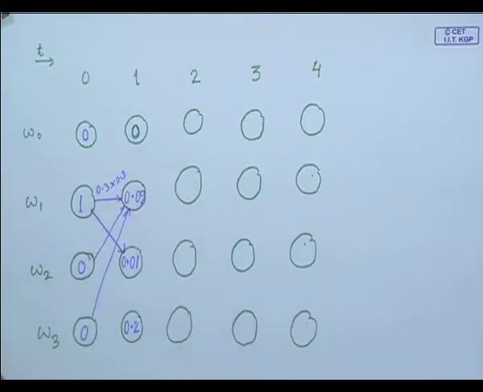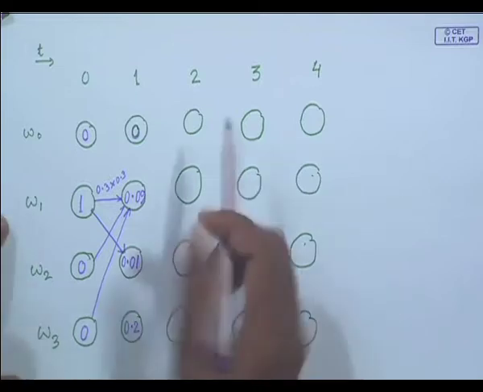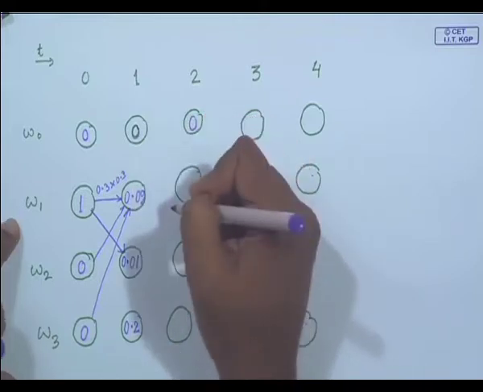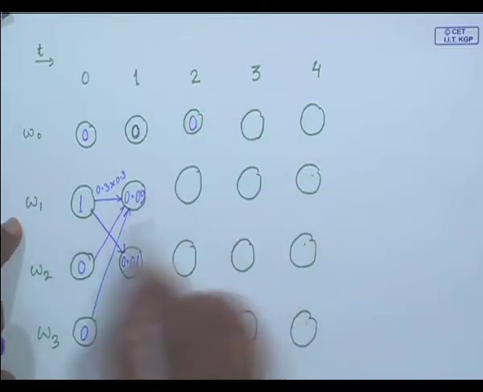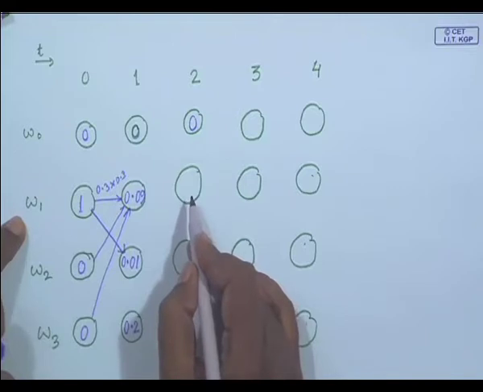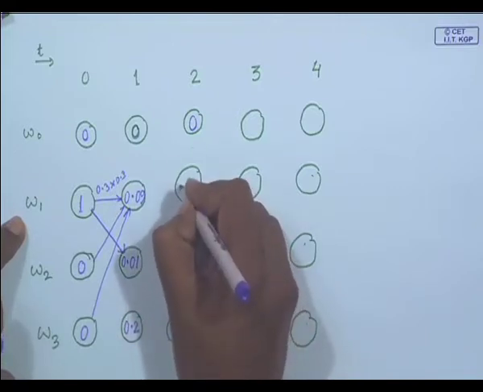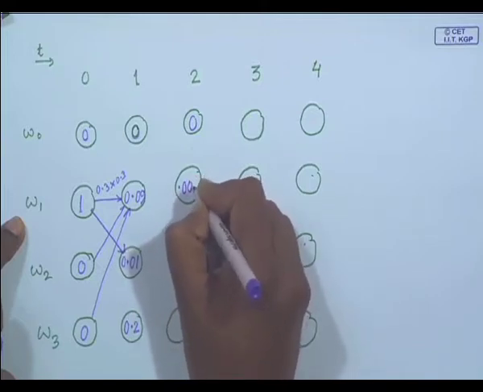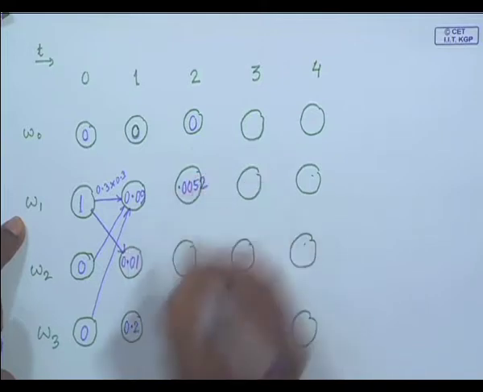If I continue in the same manner, you will find that in time step 2, alpha 0 will be equal to 0, and in time step 2, alpha 1 will be equal to 0.0052. You can do this computation.